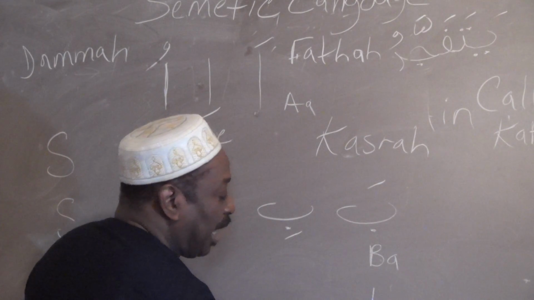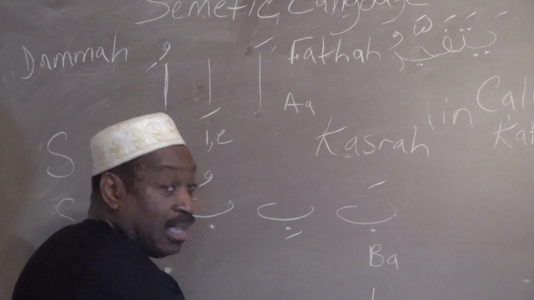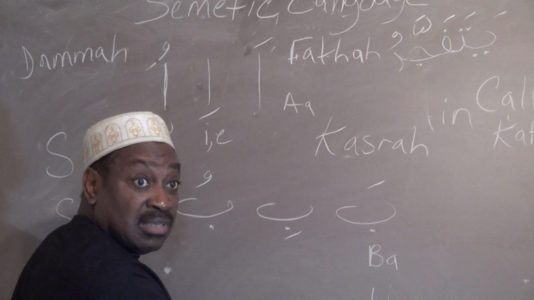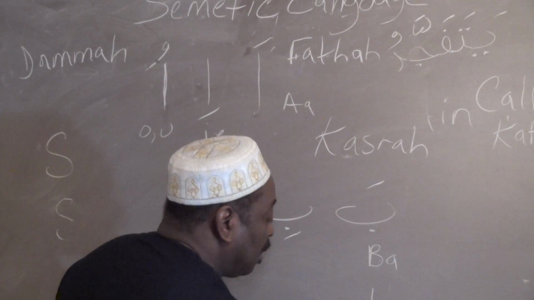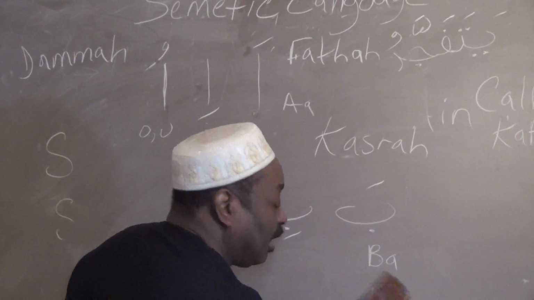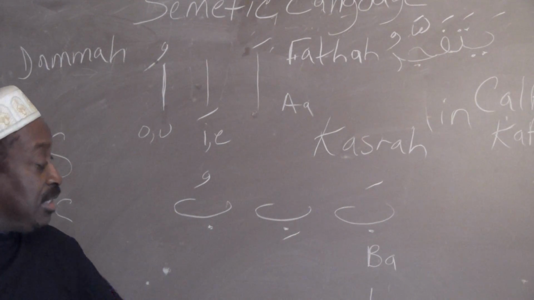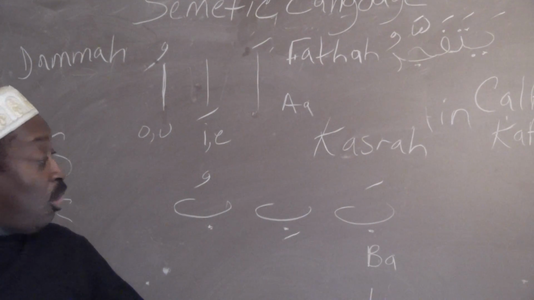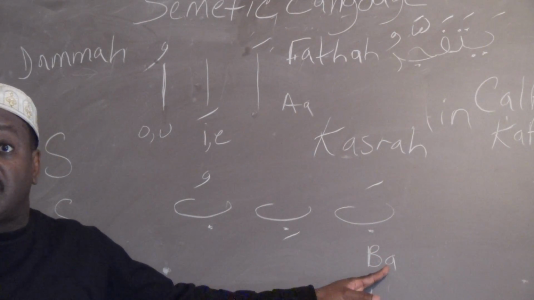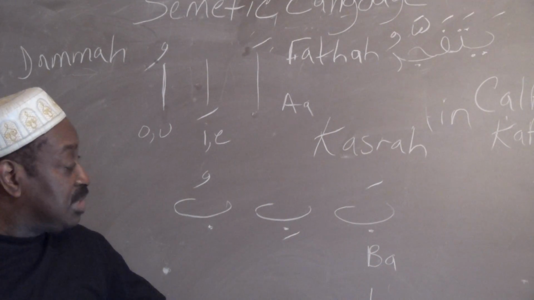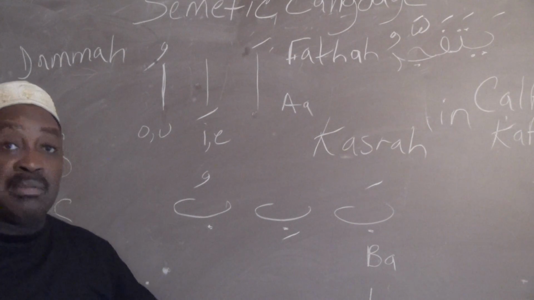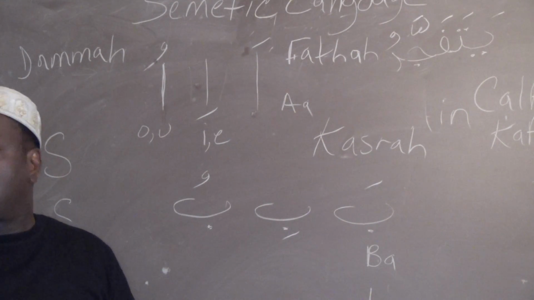Now I've got B-A-A. See the difference? Because now this is elongation. You're elongating the A here. So you're going to pronounce this ba, and this is baa, a little longer.